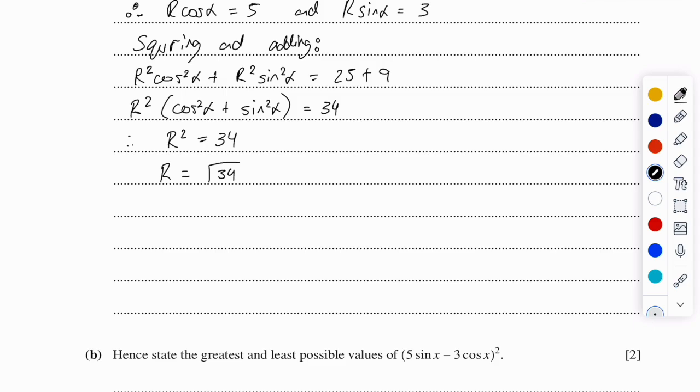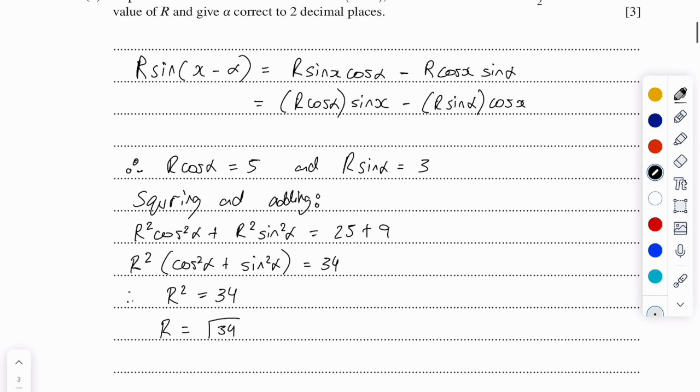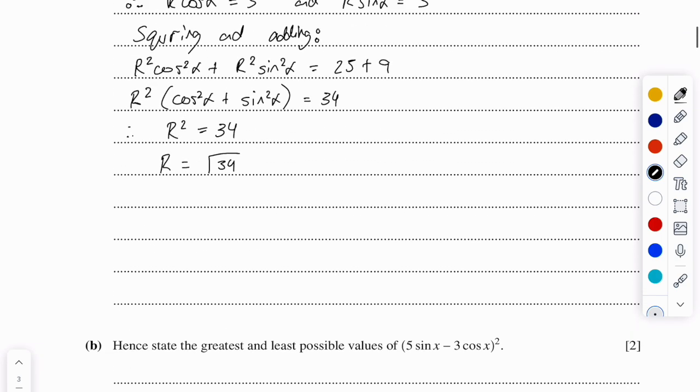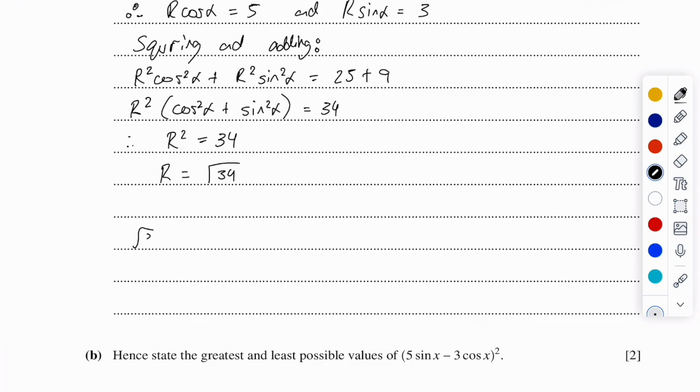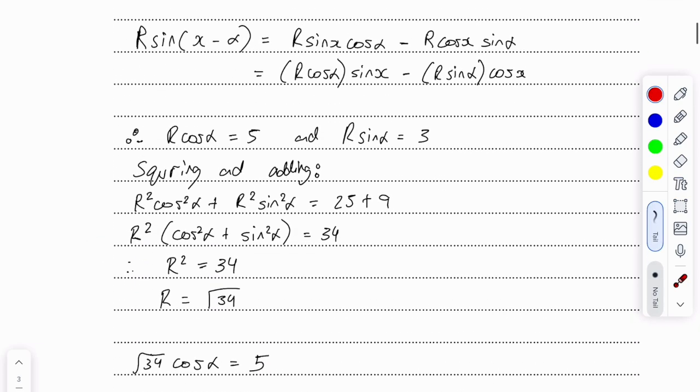Now, we've got root 34 here, and we just need to find alpha now. So we know that r cos alpha equals 5. So we could say root 34 cos alpha is going to equal 5. Why have I said that?